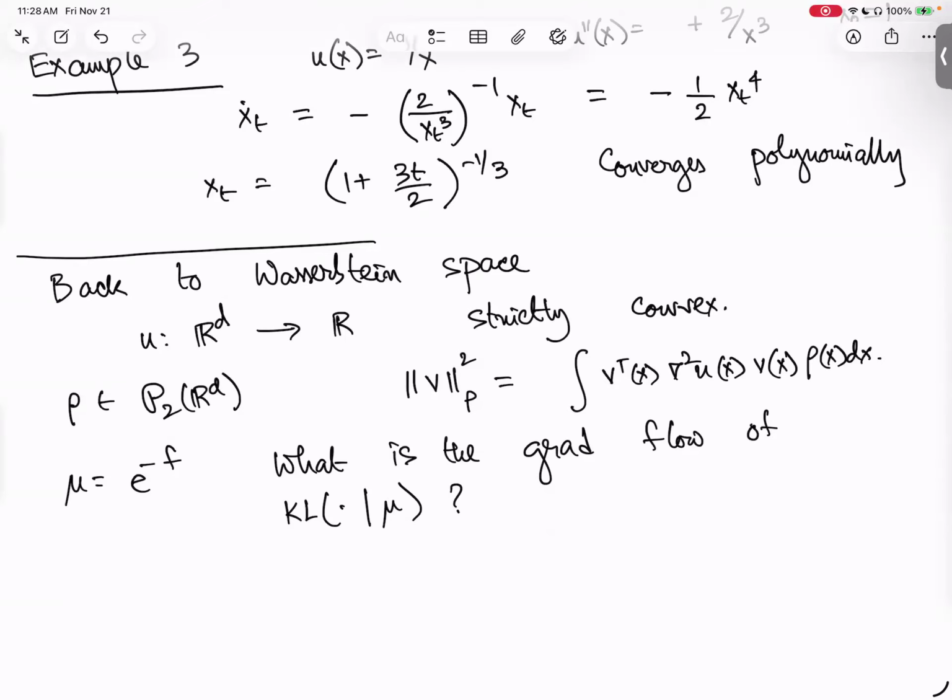So what do I mean by this? If this is my Hessian manifold given by U, I have a certain distance square on this Hessian manifold. So this is my square distance on this manifold.